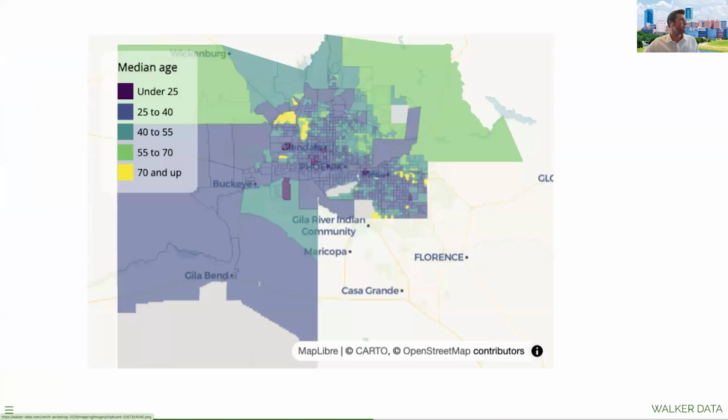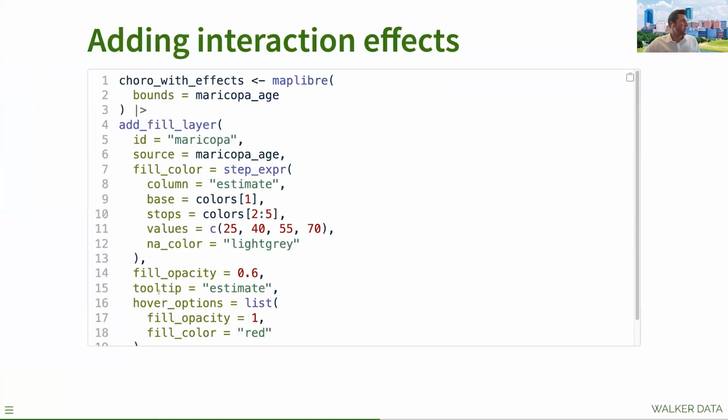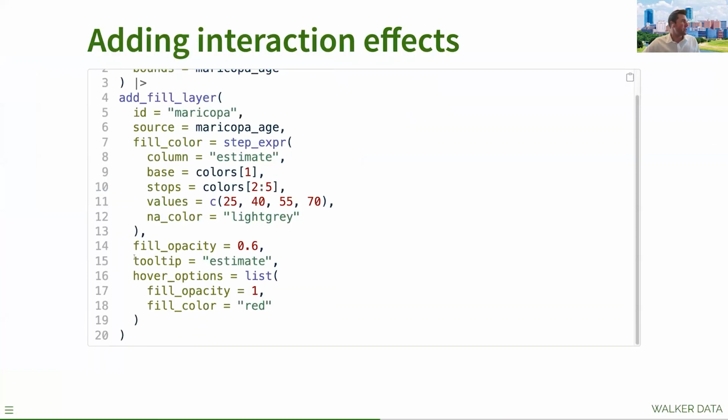Add some effects. In this particular case, I'm going to show you a couple modifications. I can specify a column I want to put in a tooltip, and that will create a hover tooltip so that every time I hover over a particular location, I will get the value in the estimate column.